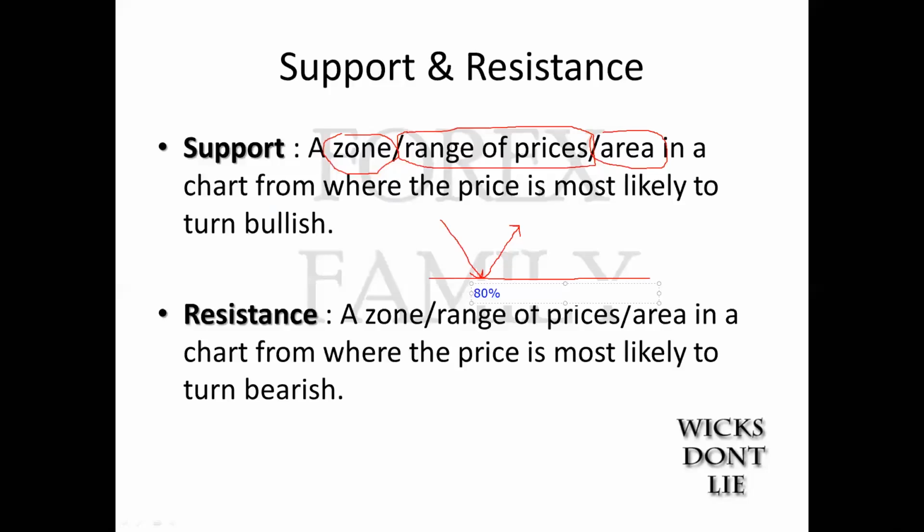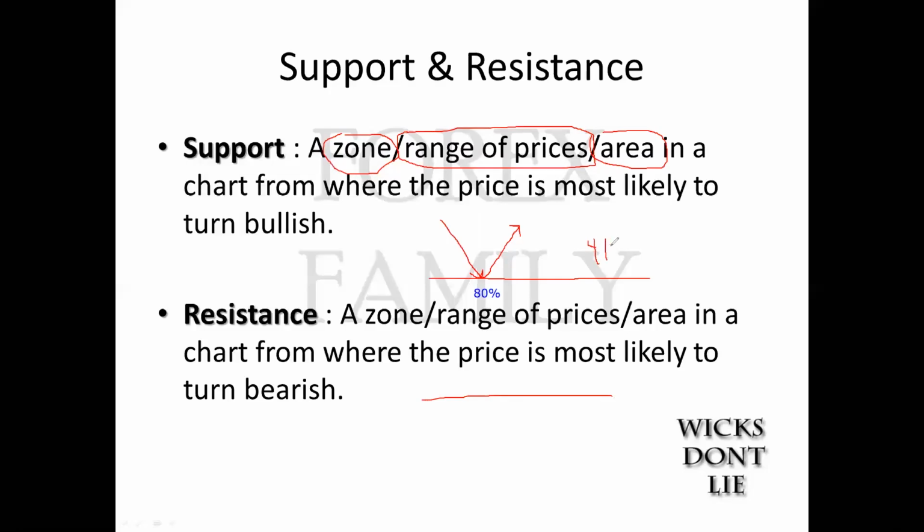All right, so resistance. Resistance is the same thing: a zone, range of prices, in an area of the chart where the prices are more likely to turn bearish, right? So it's the same thing. If you have your resistance, and this is a higher time frame, by the way, this is your 4 hour.